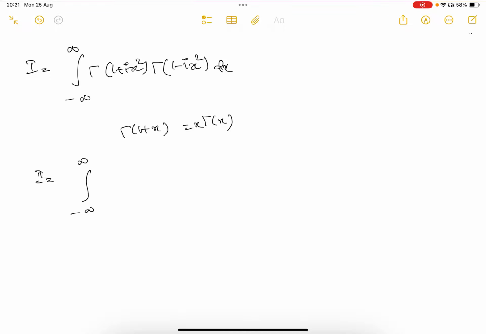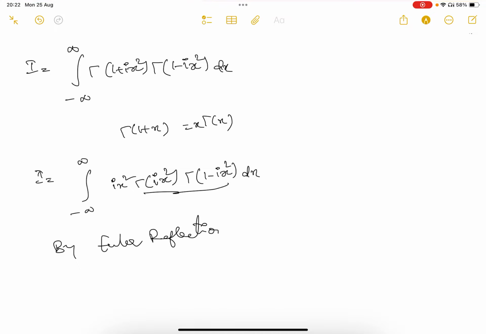Gamma of 1 plus i x squared will be i x squared into gamma of i x squared, into gamma of 1 minus i x squared dx. Then, as you can see here, this is gamma of i x squared into gamma of 1 minus i x squared, so by Euler's reflection formula, gamma of x into gamma of 1 minus x equals pi by sine of pi x.